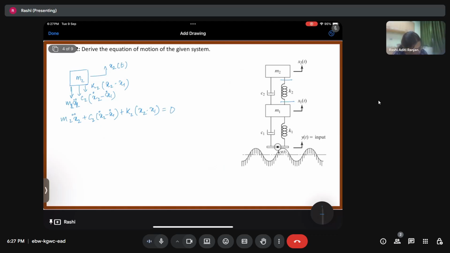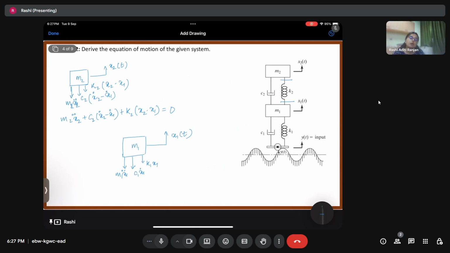Now when we come to mass 1, M1, it is getting displaced in the upward direction by x1(t). So the inertia force will act in the downward direction as m1 x1 double dot. Other than that, we have c1 x1 dot, we have k1 x1.